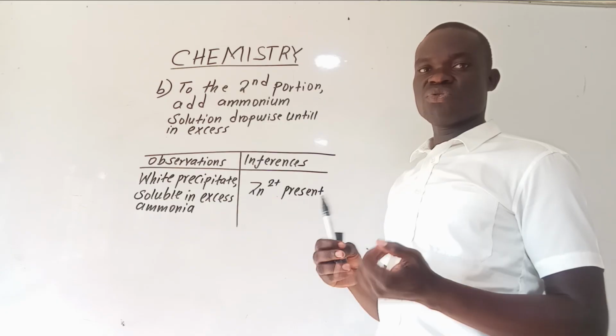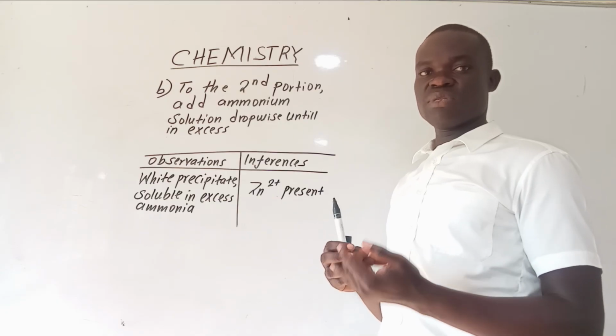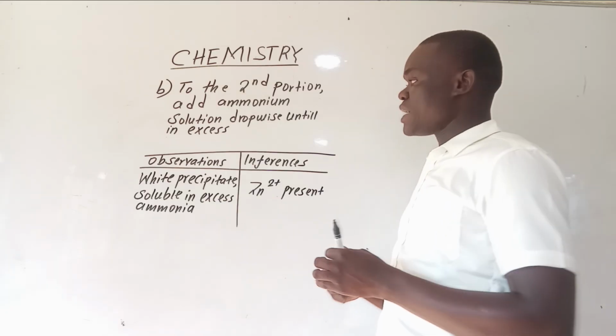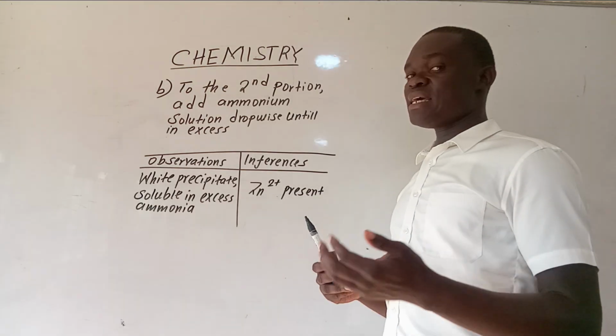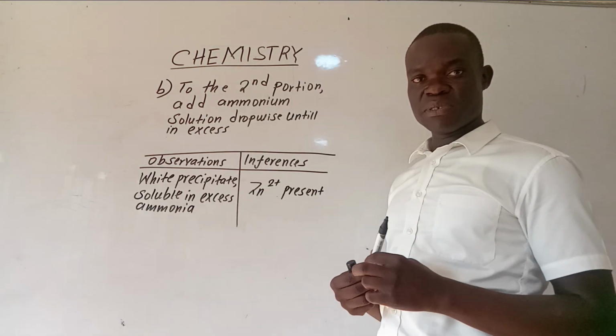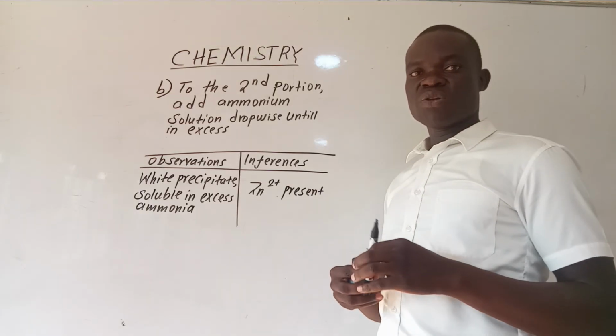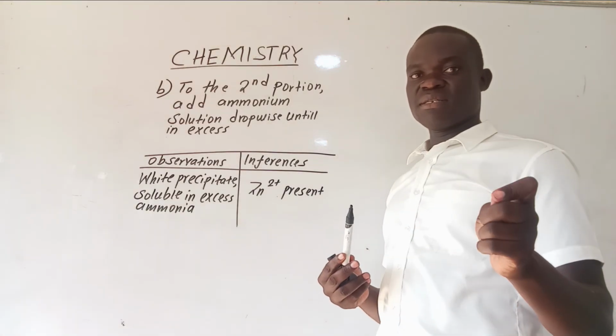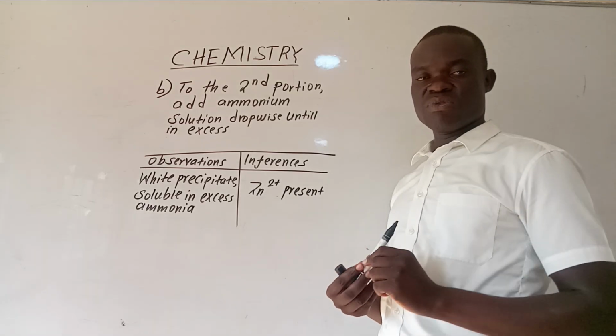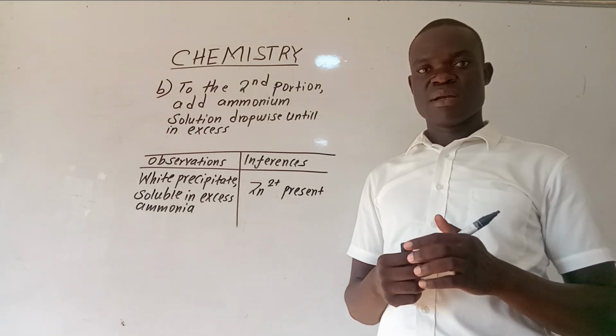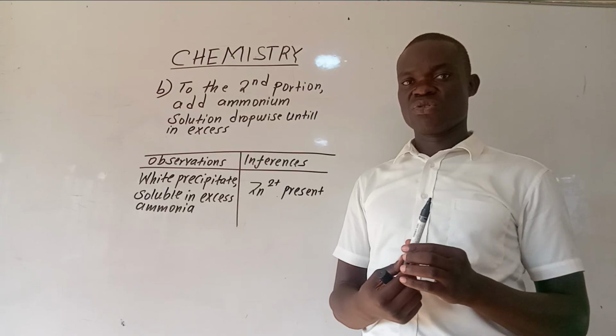When we add 1, 2, 3 drops, we expect a white precipitate to form. Then excess is uncountable drops; we just add drops without counting how many. So what we expect is the white precipitate to dissolve and form a colorless solution.